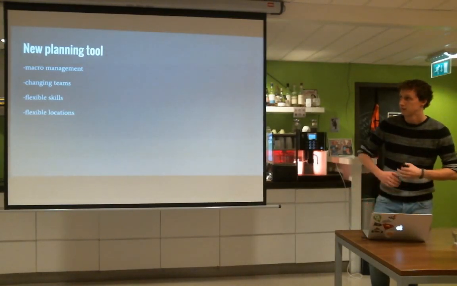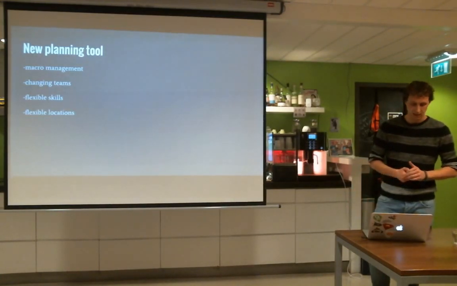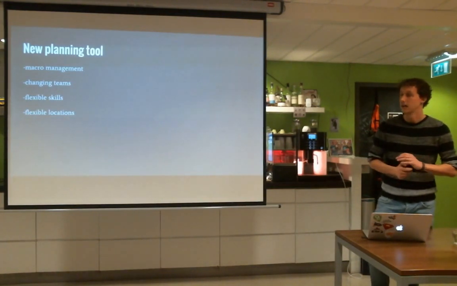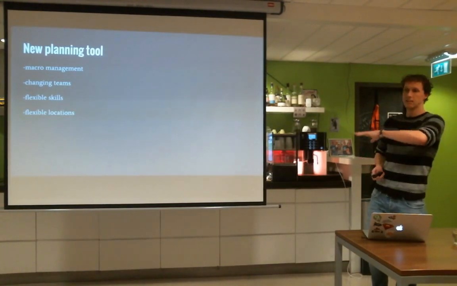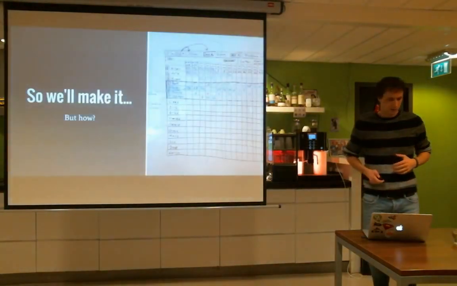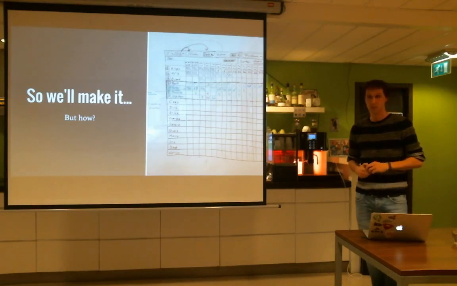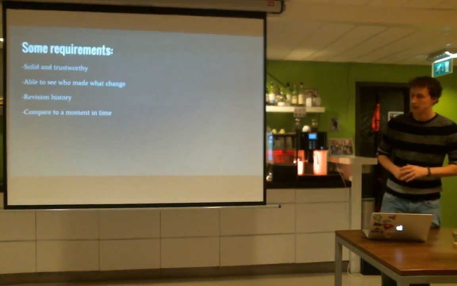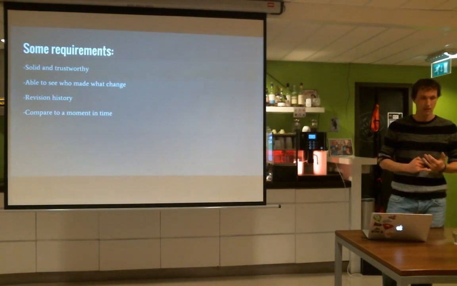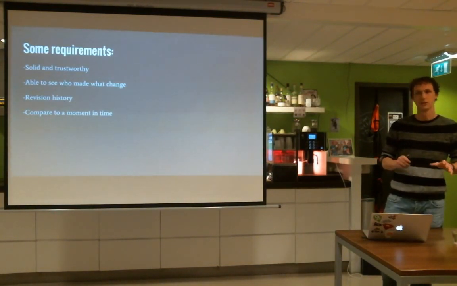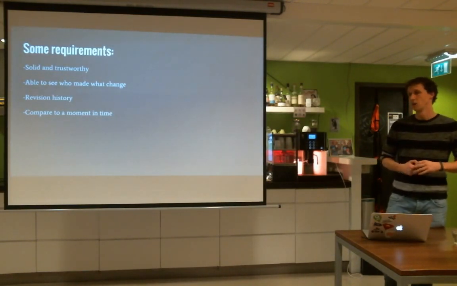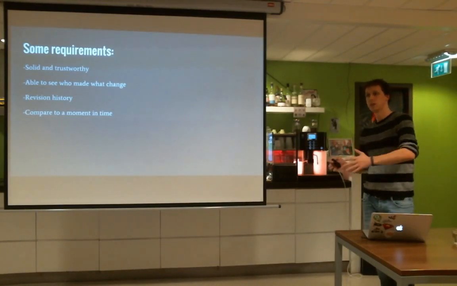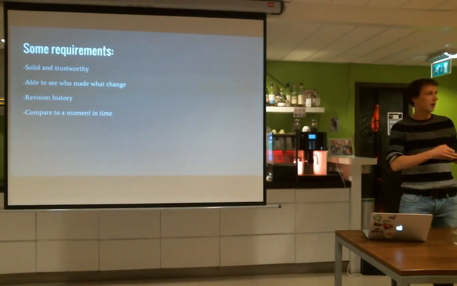We have changing teams, we have flexible skills, we have flexible locations, and all the tooling we looked for didn't really have that. So we had to make it. But how? That was the next question. We had some requirements. It has to be solid and trustworthy. We had to be able to see who made a certain change in the software. We need some revision history, to compare the current state of our planning to other moments in time.